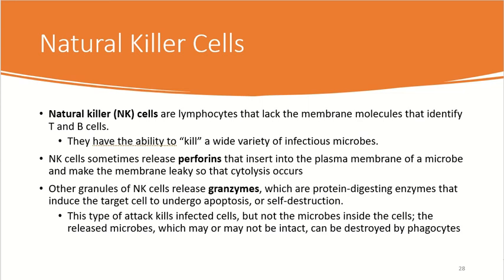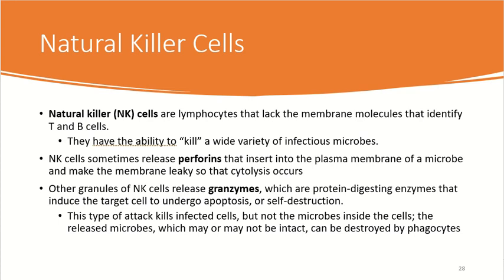Next, for our internal defenses, we have the natural killer cells, or the NK cell. These are lymphocytes that are going to lack the membrane molecules that are going to be necessary to identify them as either a T or a B cell. But they have the ability to kill a wide variety of infectious microbes.